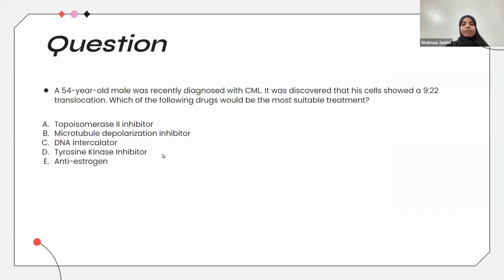Okay. So a 54-year-old male was recently diagnosed with CML. It was discovered that his cells showed a 9;22 translocation. Which of the following drugs would be the most suitable treatment? D, tyrosine. What's the name of the drug? Imatinib. Which drug is a topoisomerase 2 inhibitor?